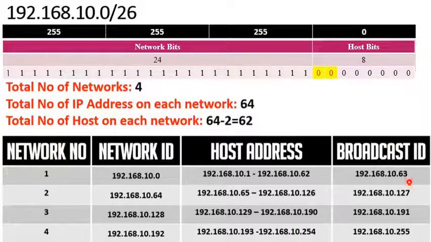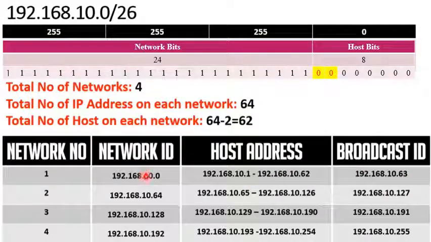According to this example, we have 4 networks and the network ID starts with 192.168.10.0. This is the starting address assigned for the network ID, and there are 64 addresses in total. The next address is 192.168.10.63. So 0 to 63 gives you 64 addresses.